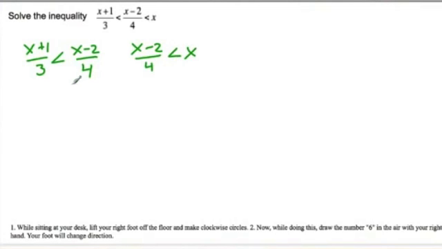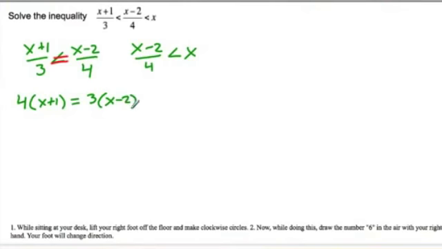So first thing I'm going to do, and you can treat this less than symbol the same as an equal symbol for the time being, which means you can go ahead and think about cross multiplying. So we're going to have 4 times, in parentheses, x plus 1 is equal to 3, in parentheses, x minus 2.